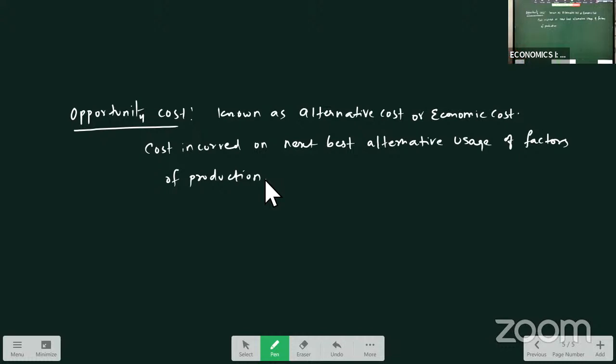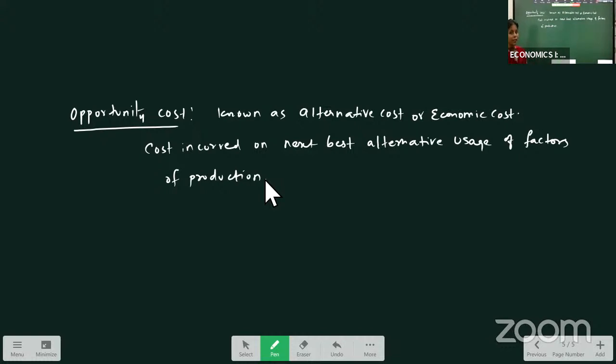Any factor, when we use it, generally we can use it in one way. For example, land is there. We can use the land for cultivation of rice. Every time we are cultivating rice in that land. Now I'm leaving rice and cultivating wheat, because compared to rice, I'm getting more production from wheat. Next best alternative, right? I'm getting more income from the wheat production.